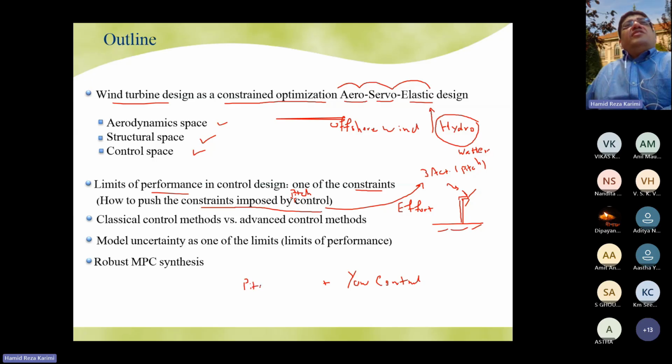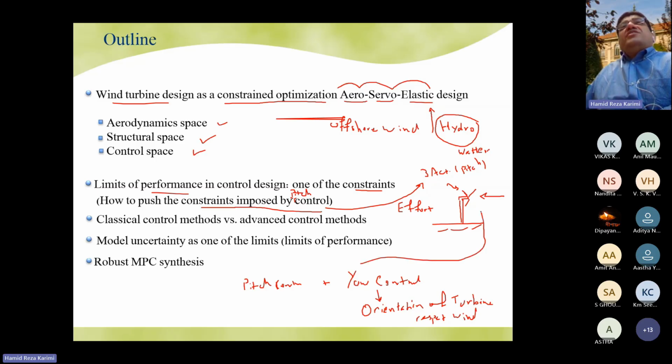Both are important, but the yaw control adjusts the orientation of the turbine with respect to the wind. If the wind is in this direction, the turbine should have the yaw mechanism to adjust the blade orientation with respect to the wind.